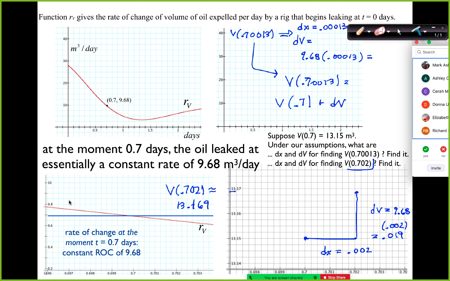So what assumption did we make along the way that resulted in this being approximate? This was like a small enough moment. Yeah, so even in this moment, we see the rate is still changing. And we assumed that it was constant.